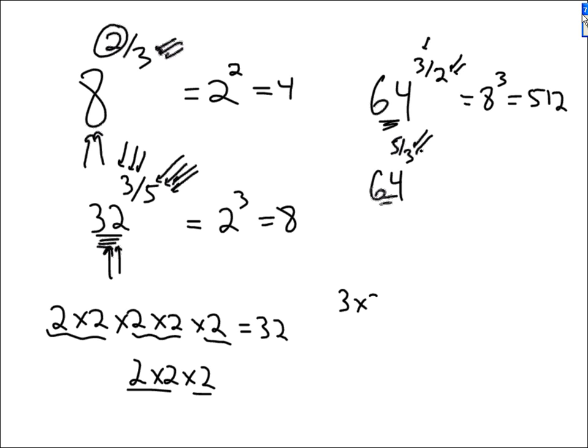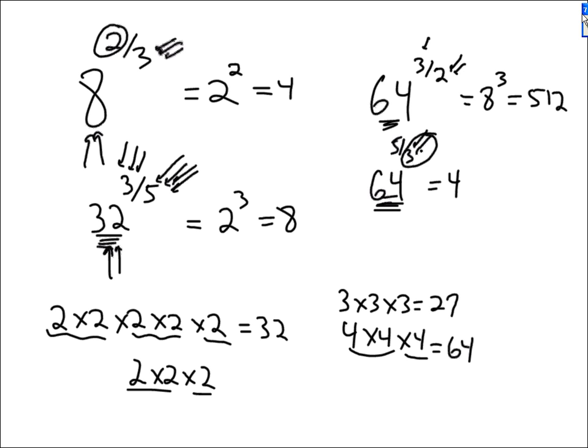Well, 3 times 3 is 9, times 3 is only 27. It's not 3. What times itself 3 times gives you 64? Well, 16 times 4. Oh, that's 64. So I want 4.